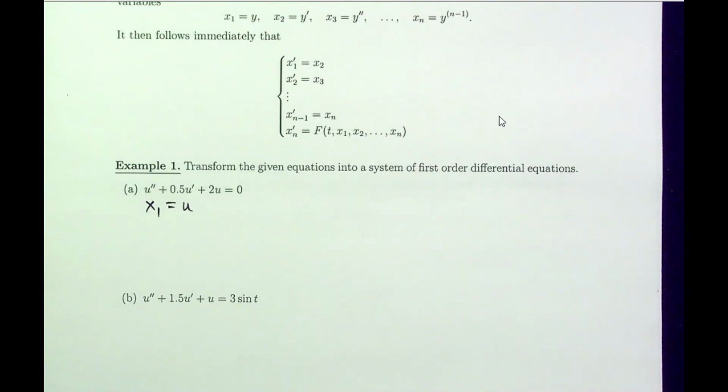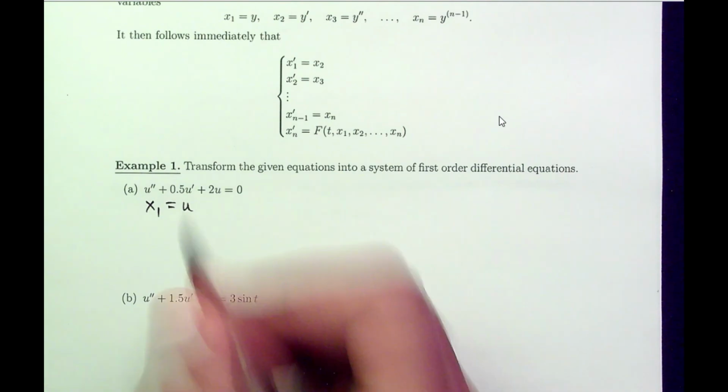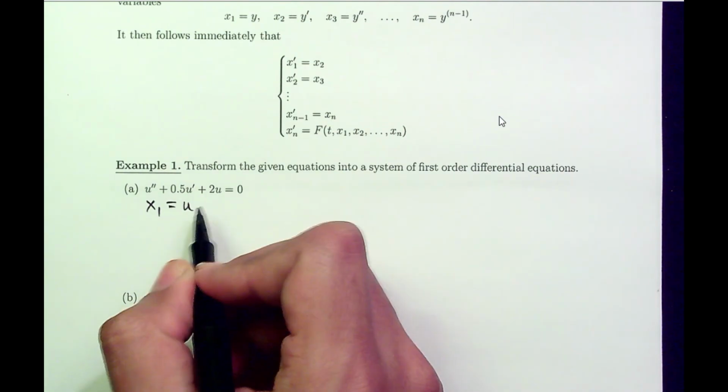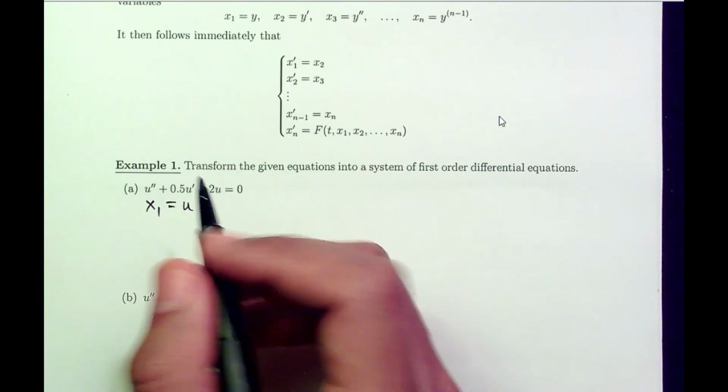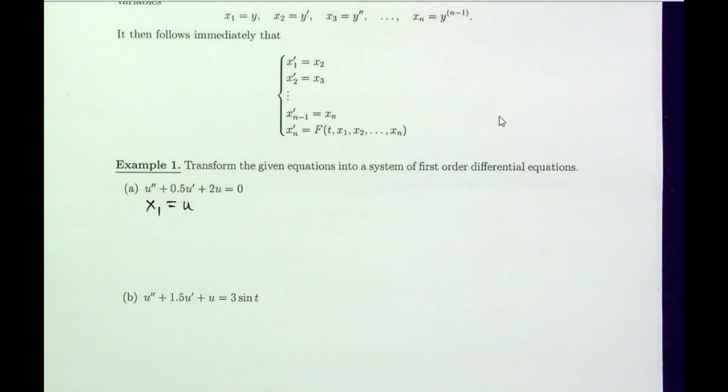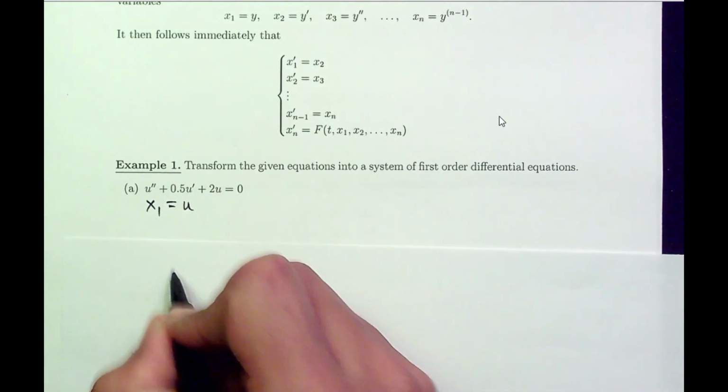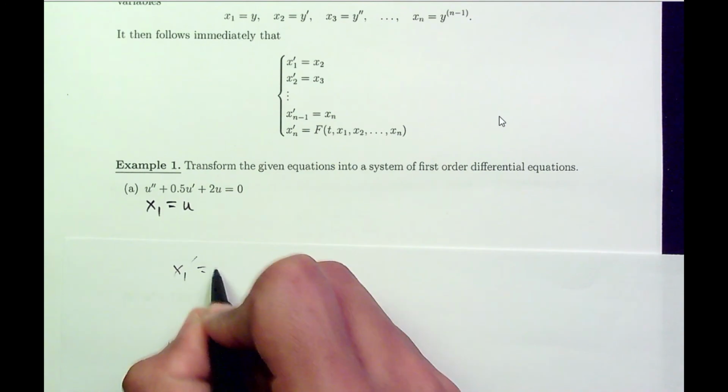Then what we do, we take the derivative of that, and we're going to get x1 prime equals u prime.